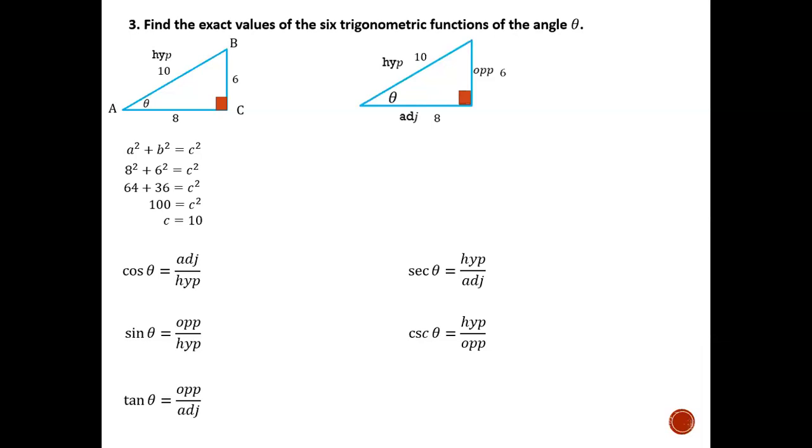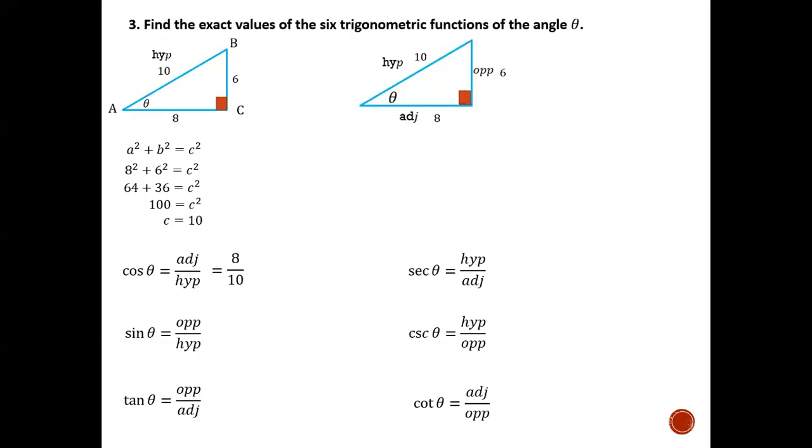The inverse of sine is the cosecant, so the cosecant of theta is hypotenuse over opposite. And the inverse of tangent is cotangent, so cotangent is adjacent over opposite. Once we know these functions and their definitions, we're able to just plug in and give the answer.